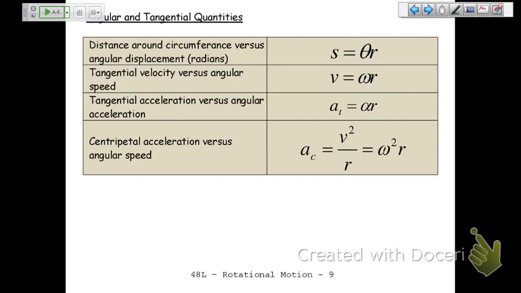We said that theta is equal to S over R. So let's rearrange it and say my arc length is equal to theta times R. And my tangential velocity is equal to omega R, and my tangential acceleration is equal to alpha R. So my tangential velocity Vt and my tangential acceleration At, I can relate to my angular alpha and my omega.